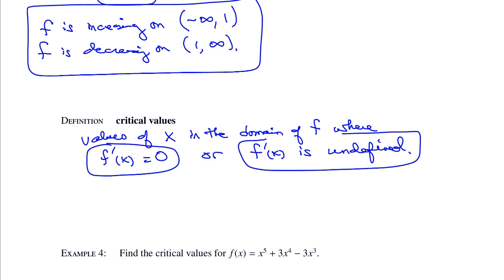We've only seen this first case so far, where the f prime is 0. We will get to problems where the f prime is undefined. That'll also be what we call a critical value.